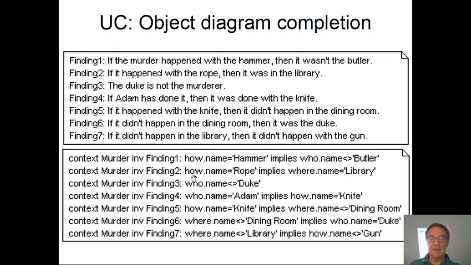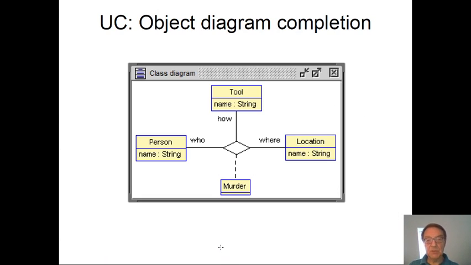And the second finding is now formally represented as a constraint. If how.name is equal to rope, this implies where.name is equal to library. And in very much the same way, all these 7 findings are represented in a formal way as invariants over here. So we have 7 invariants which fit to this class diagram.